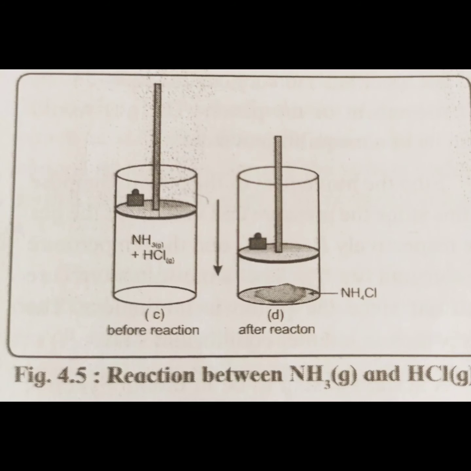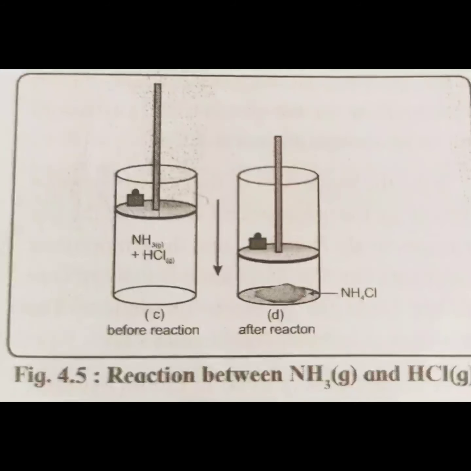The second reaction is NH3 gas plus HCl gas gives NH4Cl, that is ammonium chloride. In the second cylinder, we take NH3 gas and HCl gas. Before the reaction and after the reaction, the piston moves down, a decrease in the height of the masses. Due to this process, the surrounding loses energy to the system and performs work on the system.